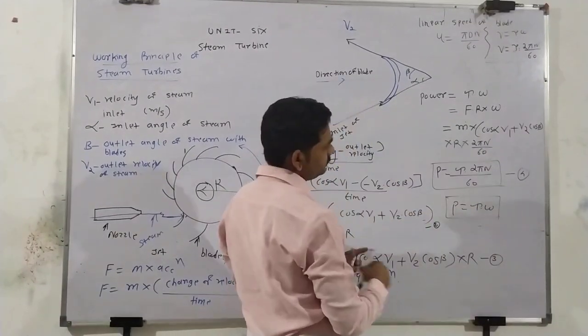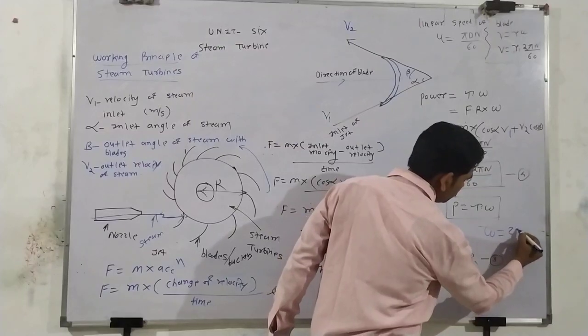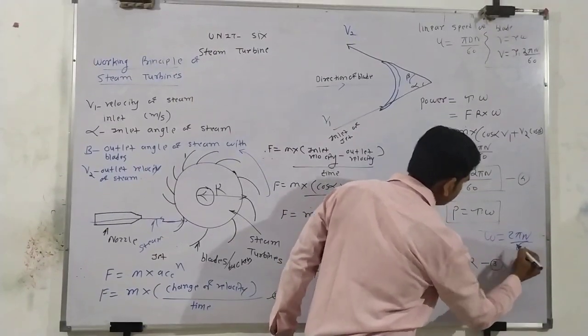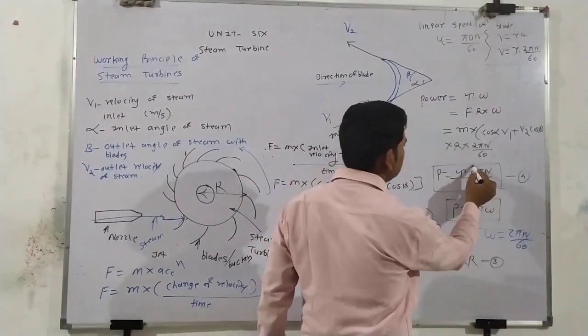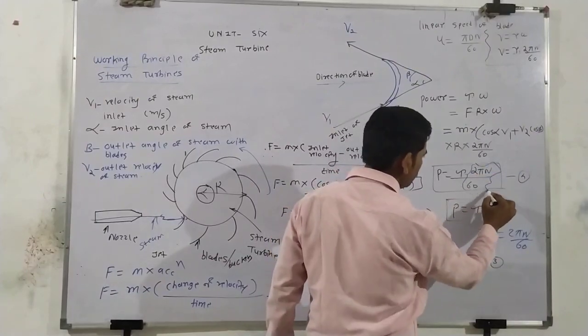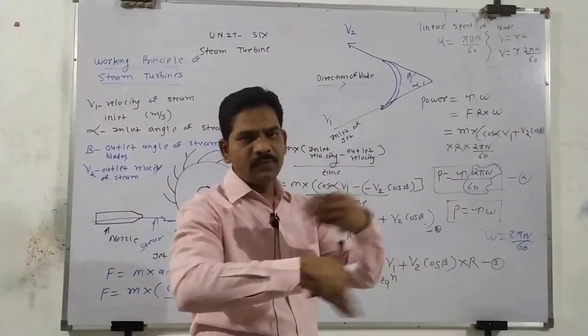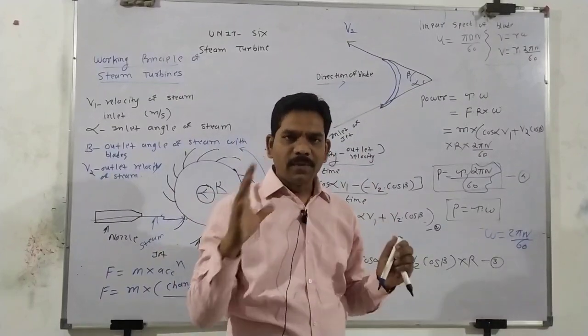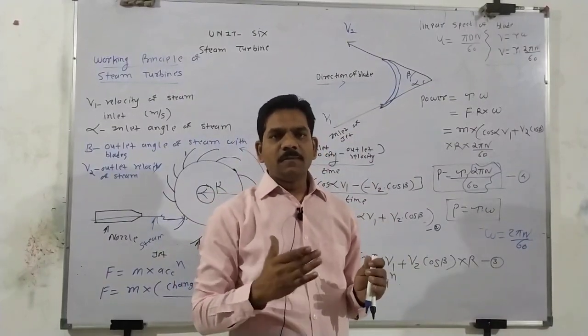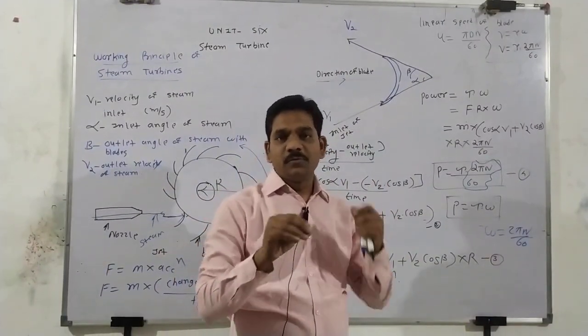Omega value is how much? Omega means 2 pi n upon 60. This term is replaced by omega. Omega is nothing but the angular velocity of the turbine, the rate of change of angular displacement with respect to time.